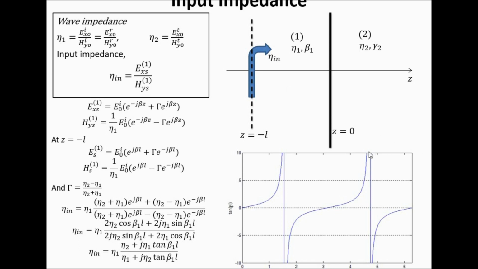And these values virtually could be anything between negative infinity to positive infinity. So you can produce any impedance from negative infinity to positive infinity by varying the value for L, or by setting the value for L, you can get any value for the input impedance.